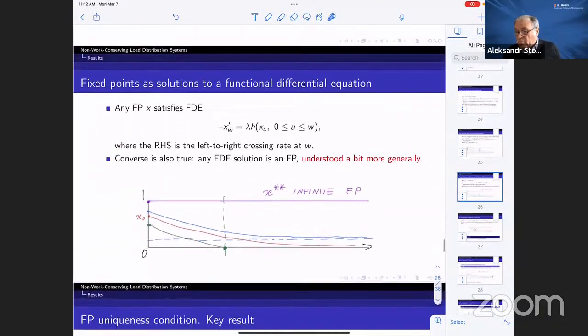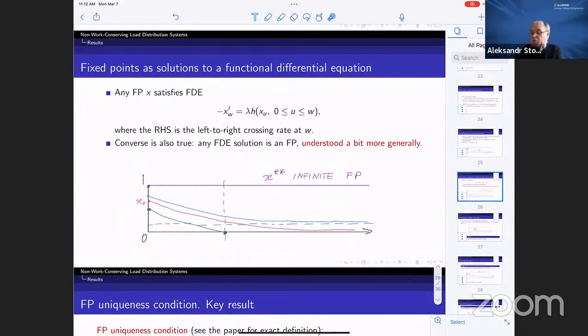Now, to partially answer Rami's question, any fixed point satisfies this functional differential equation, which means that at this point, the derivative has to be equal to lambda times some function of the entire shape here, and it's nothing fancy.